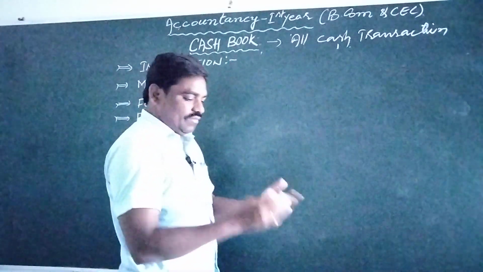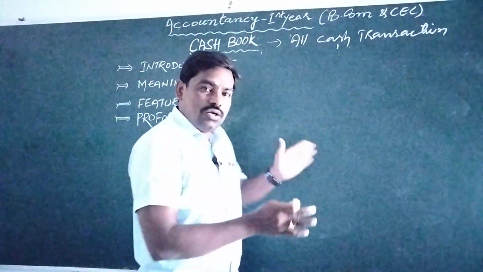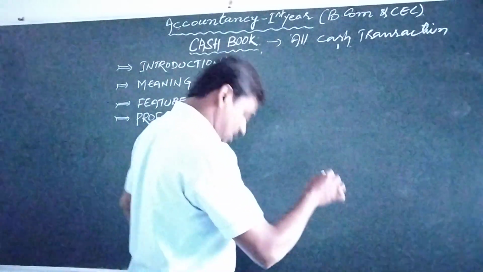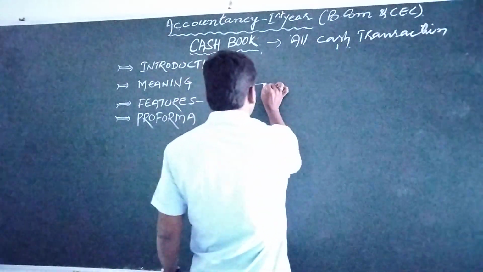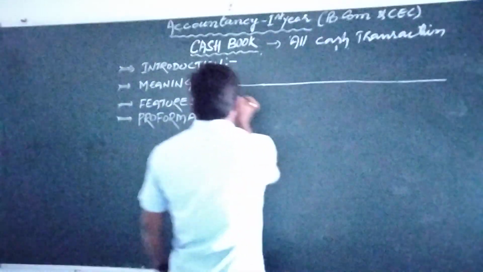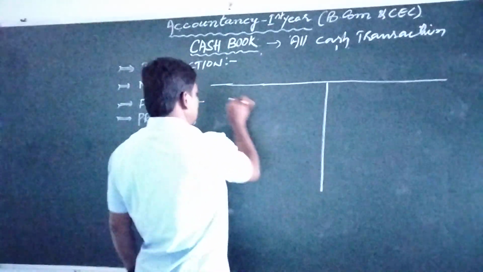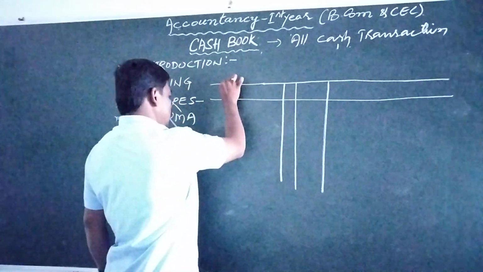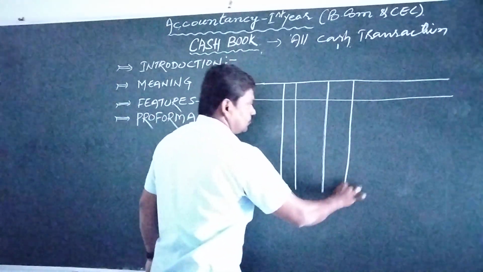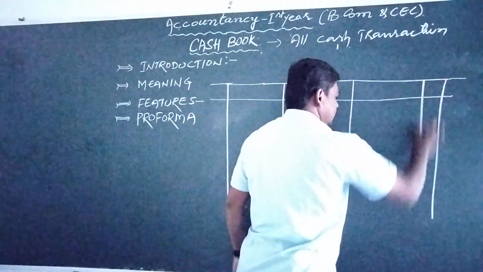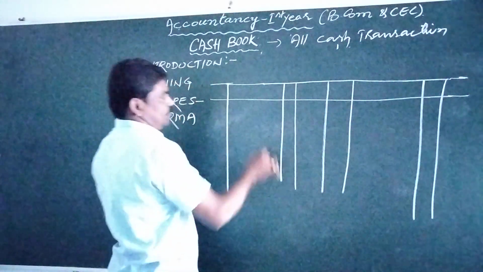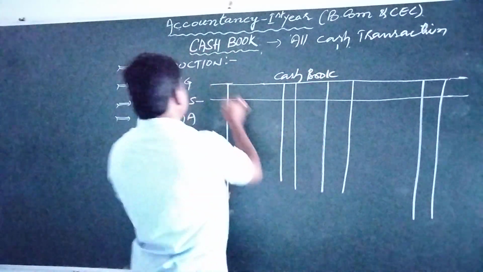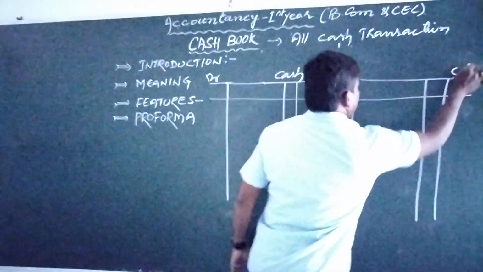So when we say it is a ledger account, it must have two sides, one debit side and another credit side. See, the proforma of a cash book.